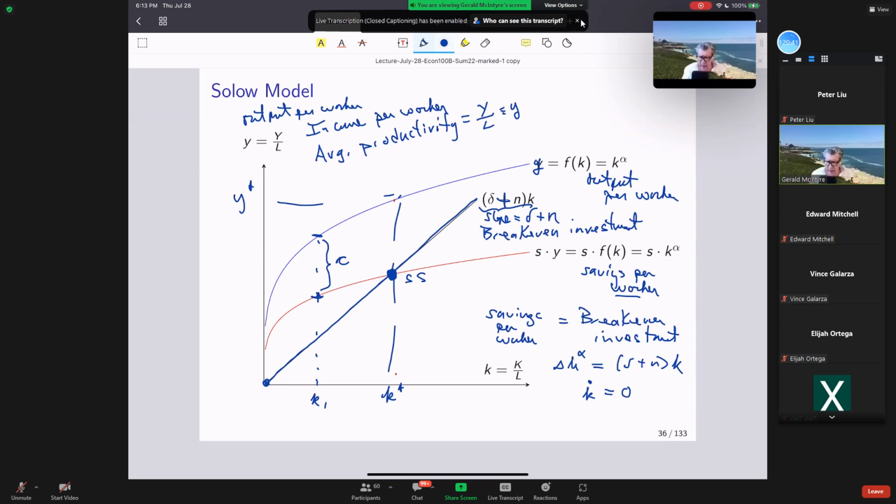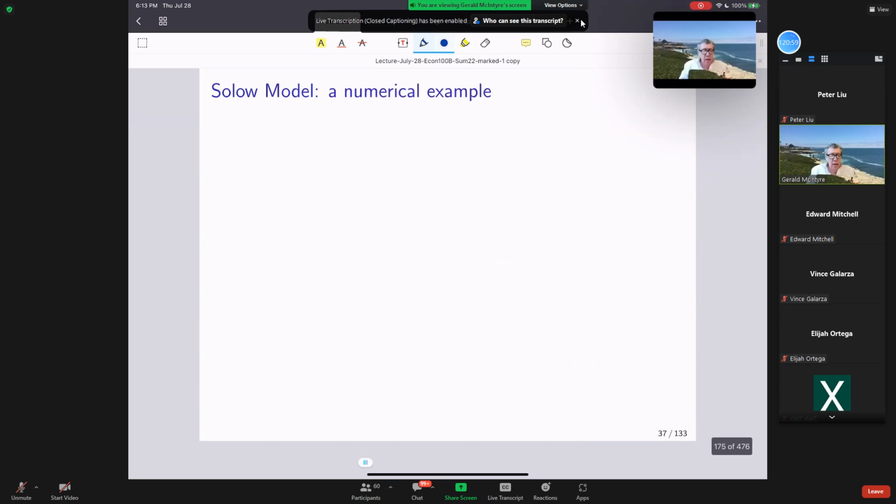All of those are true right there. Well, we can solve this. This is how we solve it graphically. We can also solve this model mathematically, and that's on the next slide. Let me show you a numerical example.